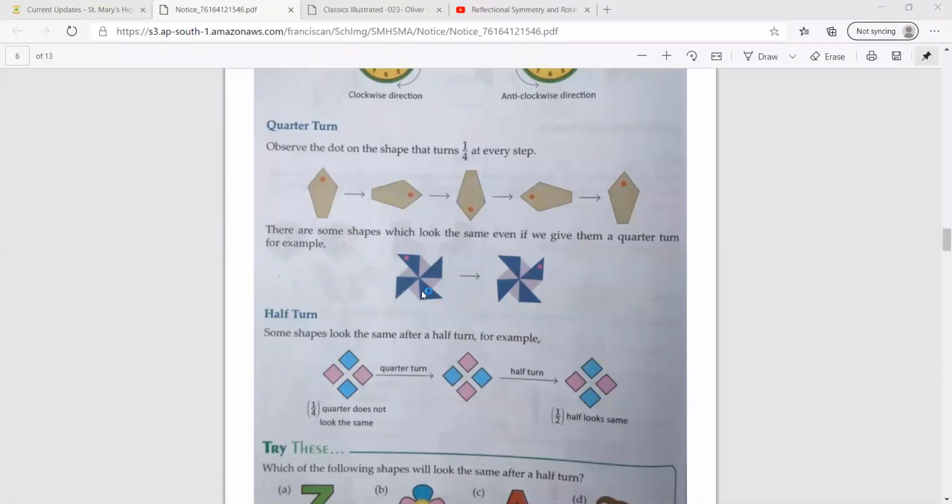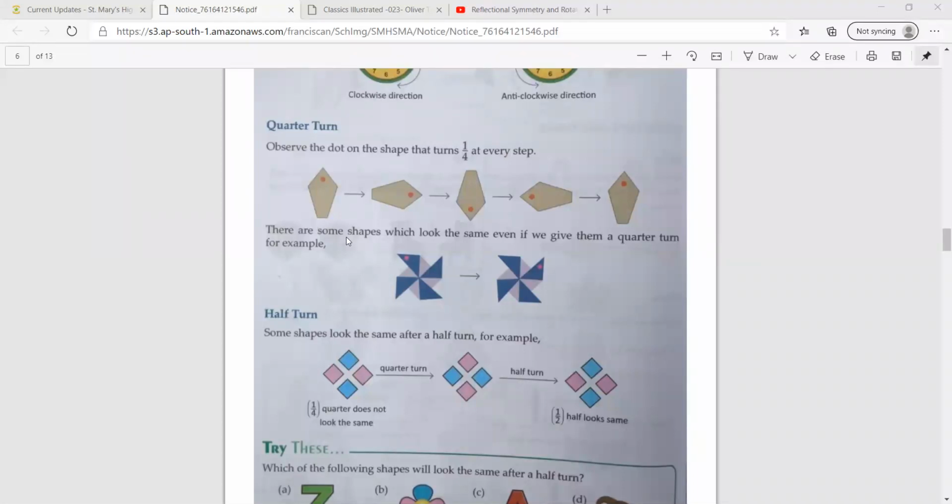Like look at this picture. Okay, now the dot has moved. The dot has moved from here to here. But that is not a problem. But the shape is still the same, isn't it? So this shape and this shape are exactly the same. So what are they telling?